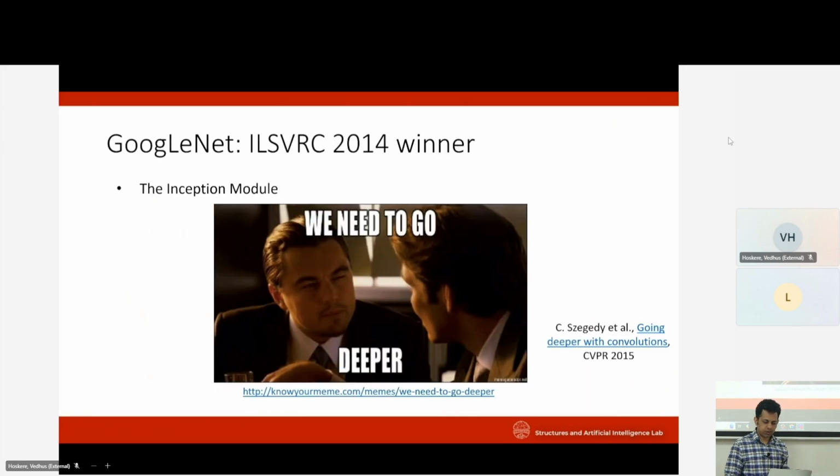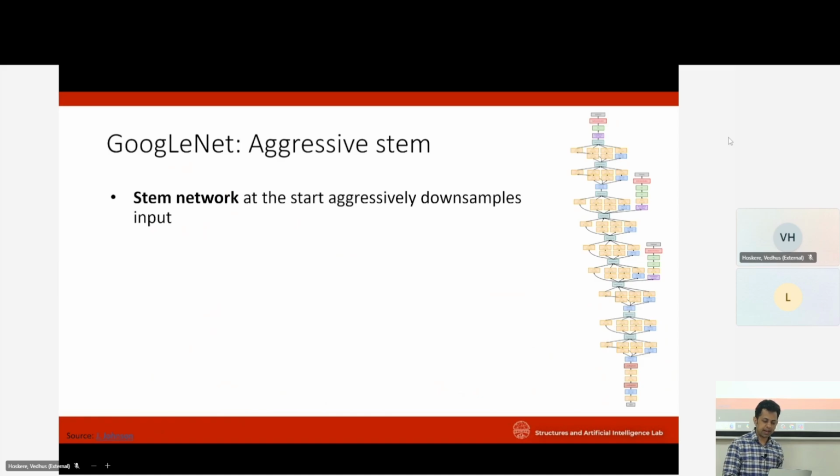The winner in 2014 was this GoogleNet architecture, and they had a much deeper architecture, and they had different combinations of filter sets. You can see the stem network, where what they do is they aggressively downsample.